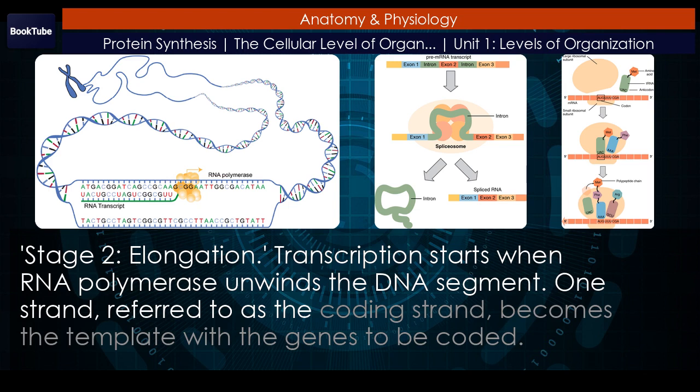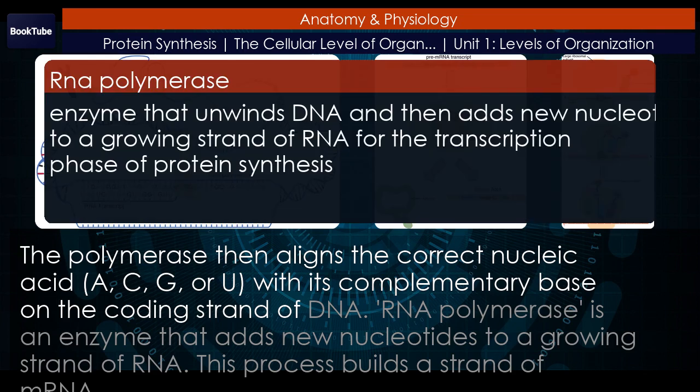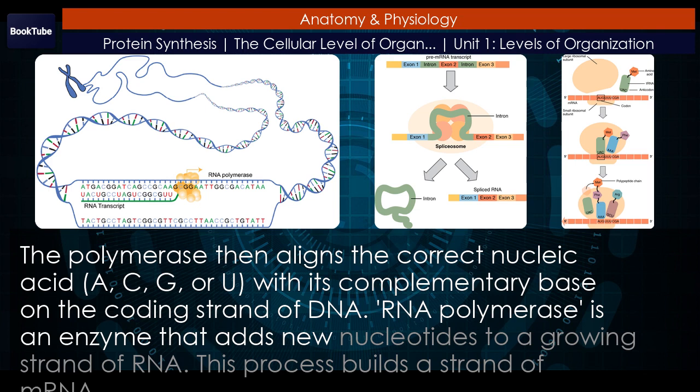One strand, referred to as the coding strand, becomes the template with the genes to be coded. The polymerase then aligns the correct nucleic acid, A, C, G, or U, with its complementary base on the coding strand of DNA. RNA polymerase is an enzyme that adds new nucleotides to a growing strand of RNA. This process builds a strand of mRNA.